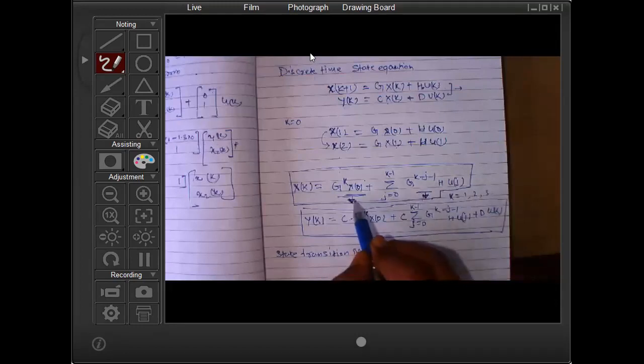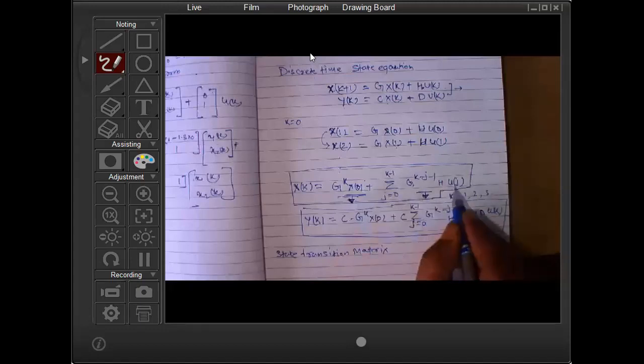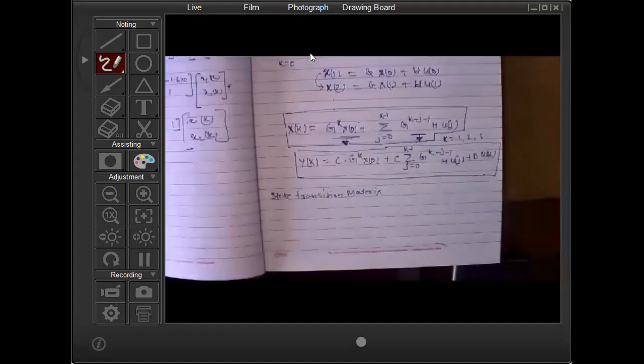So if you apply an input force, this part is due to the initial values of the inductor and capacitor, and this part depends on the nature of the input.